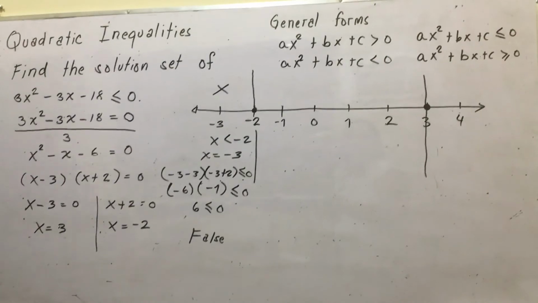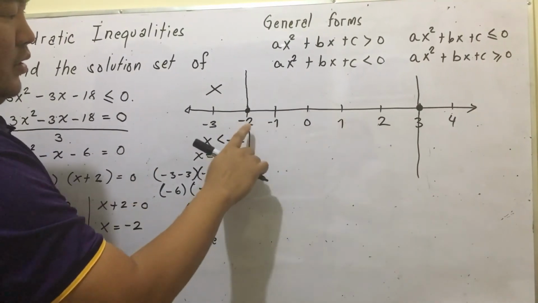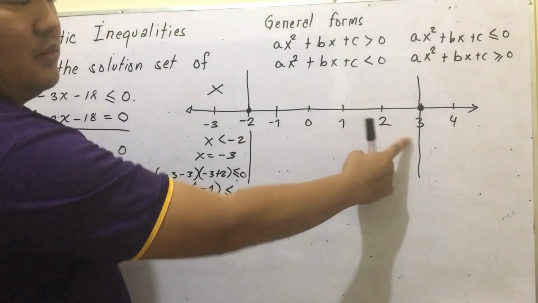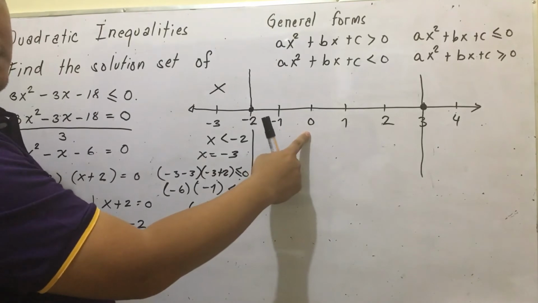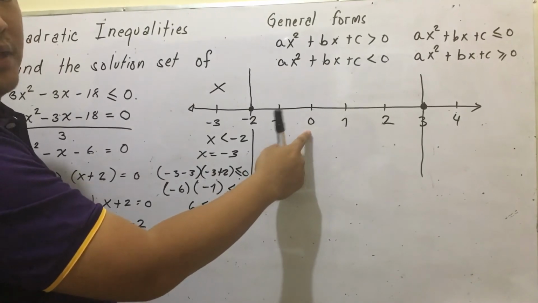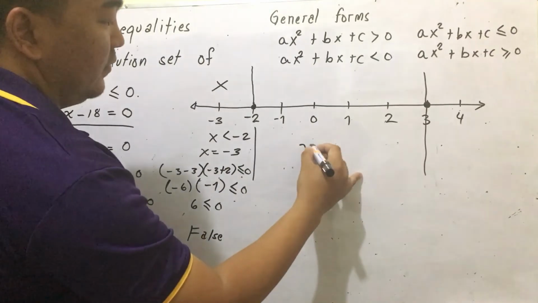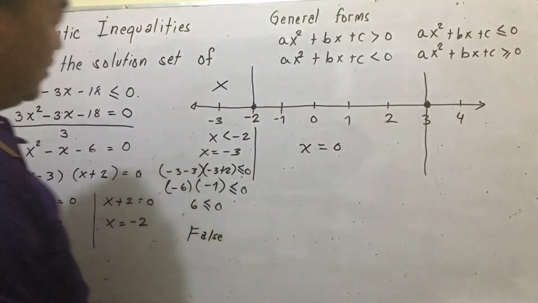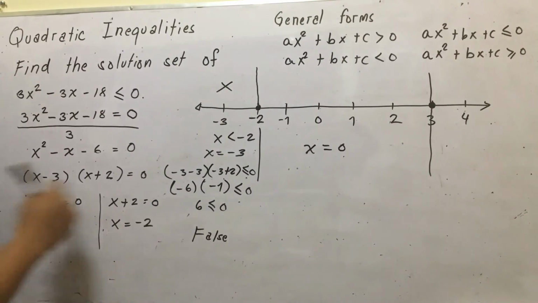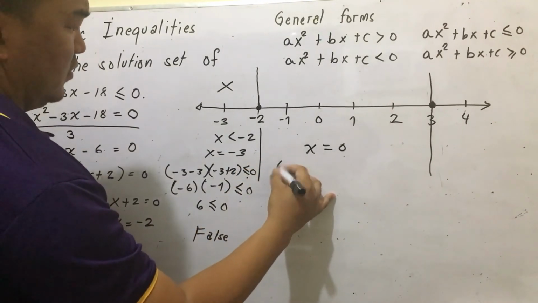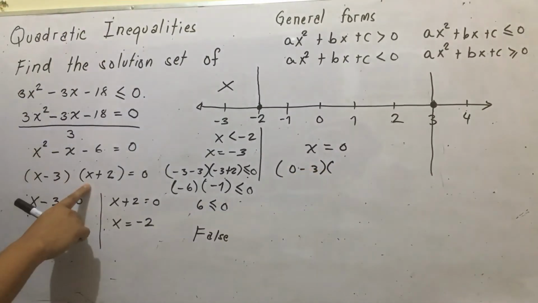Let's check the second region. Let's get a number between negative 2 and 3. I will just choose the small one, 0. If x is equal to 0, we can easily substitute into our factored form: 0 minus 3 times 0 plus 2.